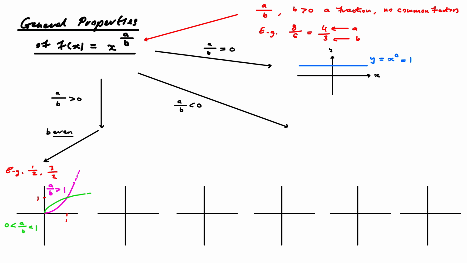Next possibility. So now we could think about B being odd. And if B is odd, it again breaks into 2 parts, depending on if A is even or A is odd.